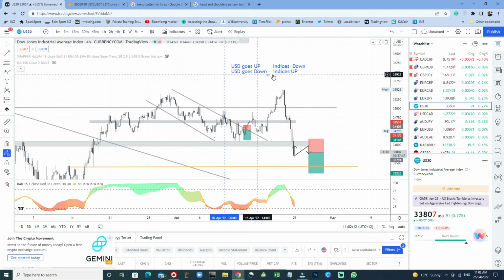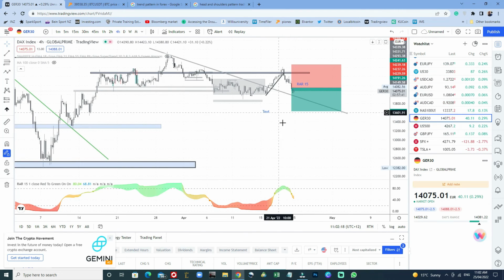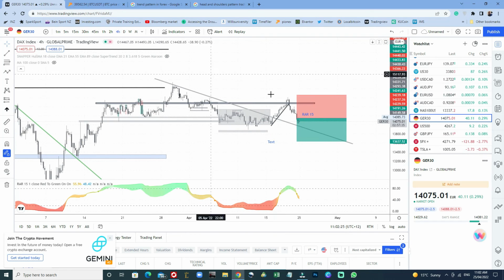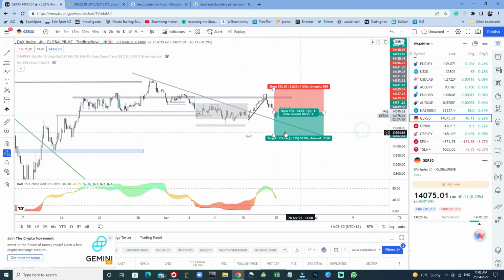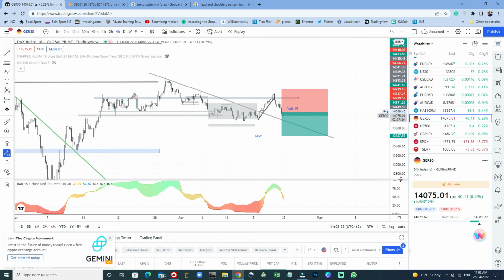When the US dollar goes down, indices go up. It always happens that way. German 30, the same thing. On a sell trend, you can see the market is already showing a sign of a sell trend on the 4 hours time frame.